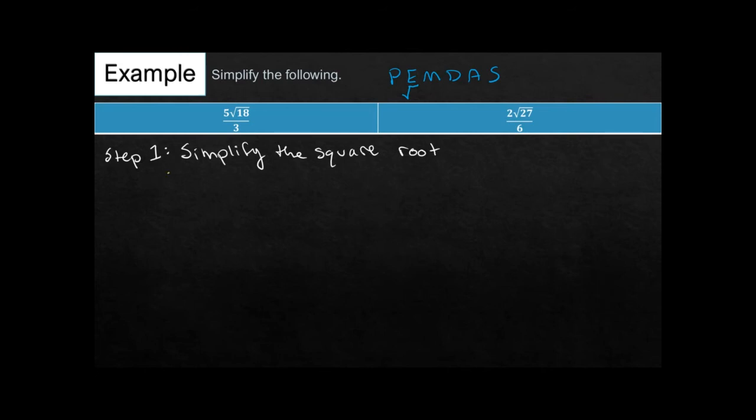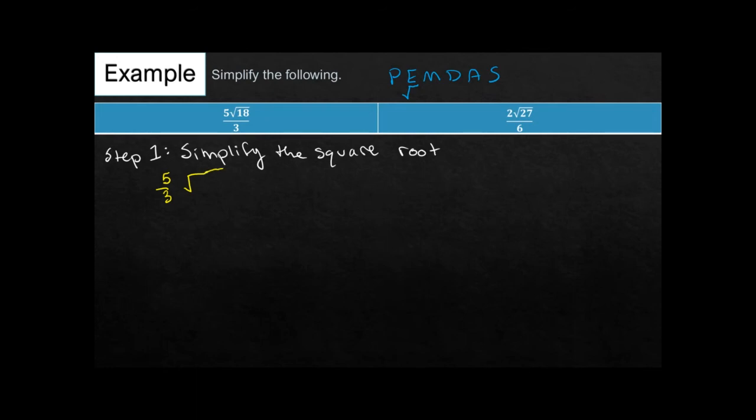Sometimes it helps to separate out your fraction part from your square root part, so that you're just working with the square root. You can read 5 times the square root of 18 over 3 as 5/3 times the square root of 18, so that you're not getting confused with what's going on.